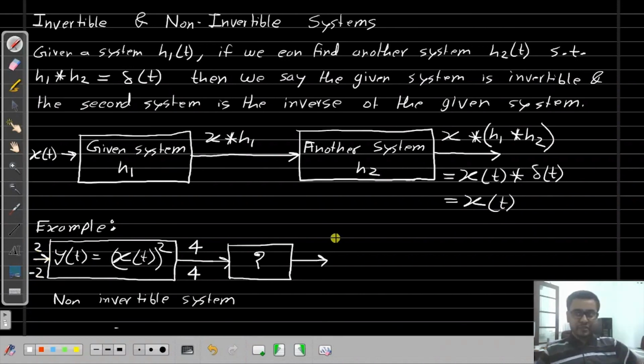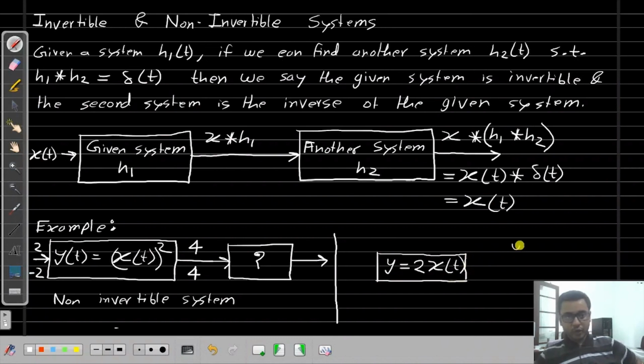On the other hand, some very easy example of an invertible system could be like this. Suppose you have a system where y is equal to 2 times x. Then you can always find another system where the output is equal to input divided by 2.